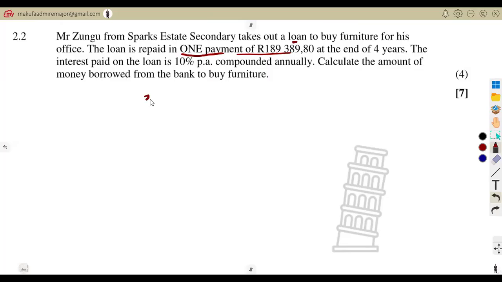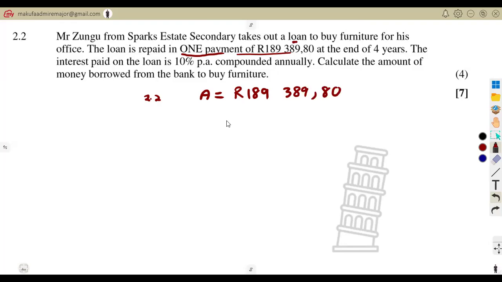So we're simply given the total accumulated amount of 139,389.80.